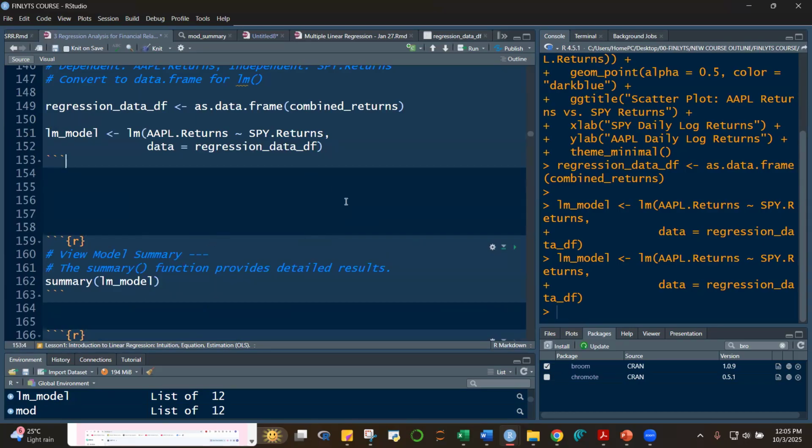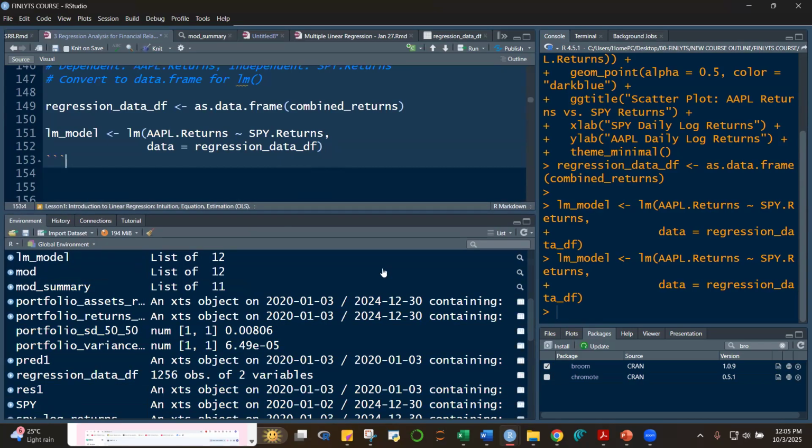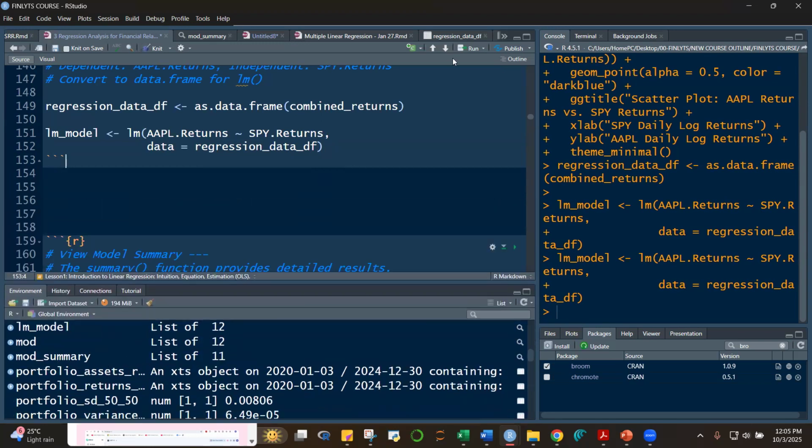If you run this LM model, who among you was able to generate this LM model? You can see that in the environment, LM model. Kindly please chat if you were able to generate the LM model, which is a list. Okay, good.